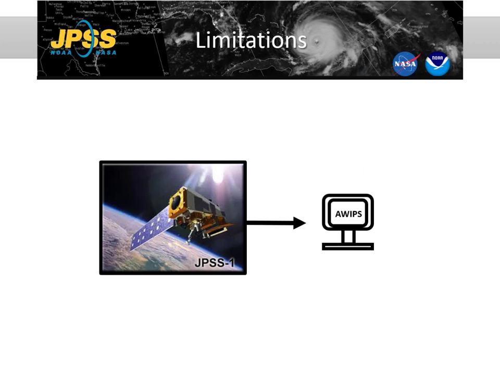But then you also have the limitation of the data latency. So the time of the satellite overpass to when it gets into your AWIPS terminal. Now, if you have SNPP NCC data, and you get your data sets from the SBN, I believe your particular data latencies should be between an hour to an hour and a half or so.